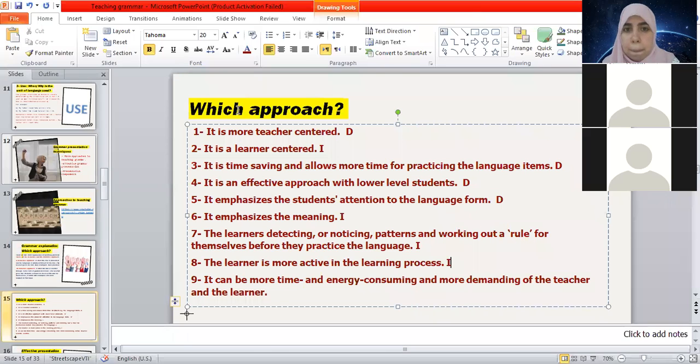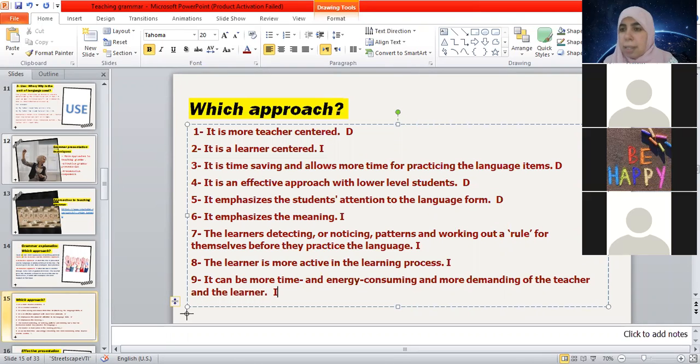So what do you think? The point here is that each approach has advantages and disadvantages, and it's up to you to use the inductive or deductive approach or both of them. You can use both of them in the same lesson.